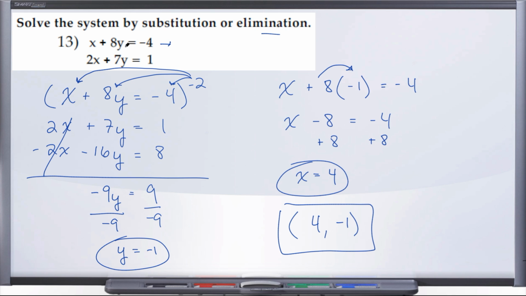So x plus 8y equals negative 4. Well, let's see what happens. x, so 4 plus 8, and now we're going to plug in negative 1, equals negative 4. Well, 4 minus 8 is negative 4, equals negative 4. Does negative 4 equal negative 4? It sure does. That's a true statement.